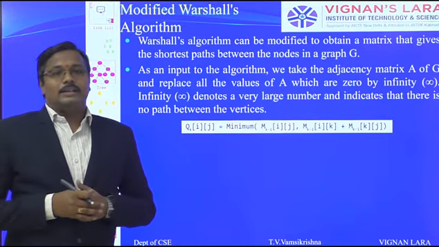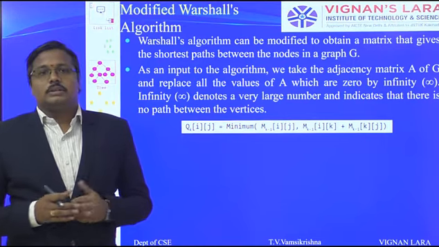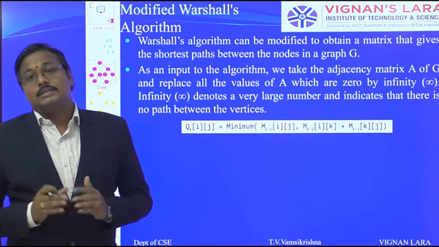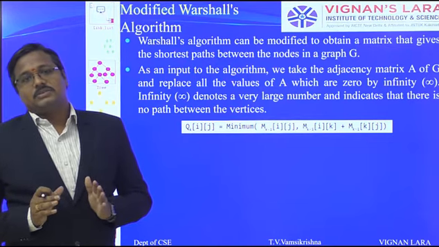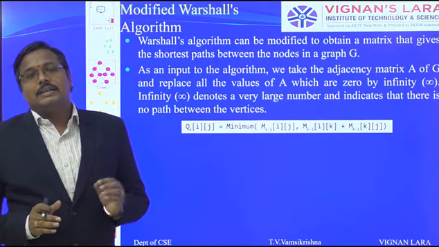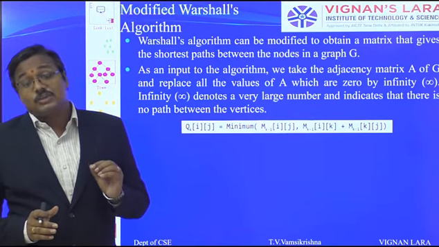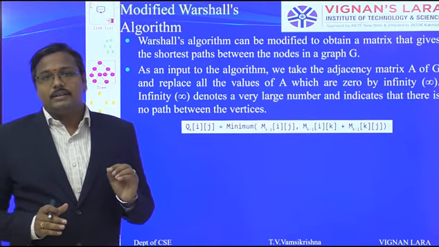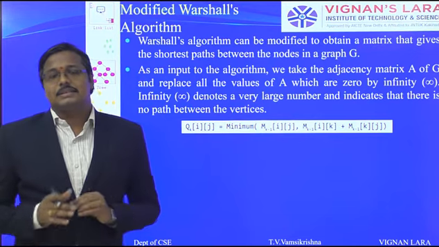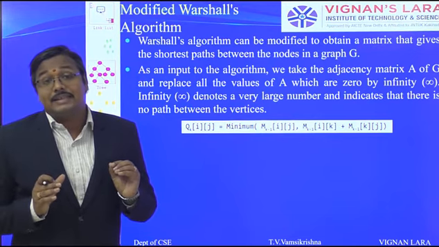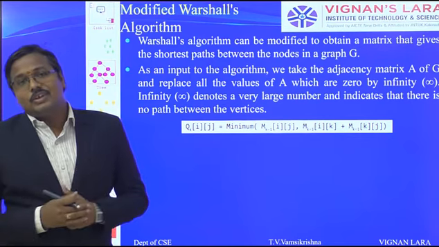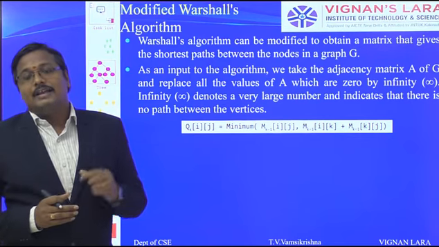In the modified algorithm, it should consist of some weight. In a weighted graph, each and every edge is associated with some weight, sometimes called a distance. So the adjacency matrix consists of either 0 or a non-zero value.